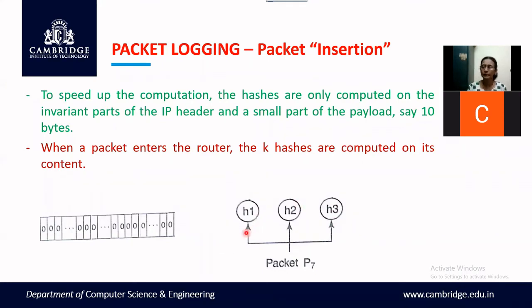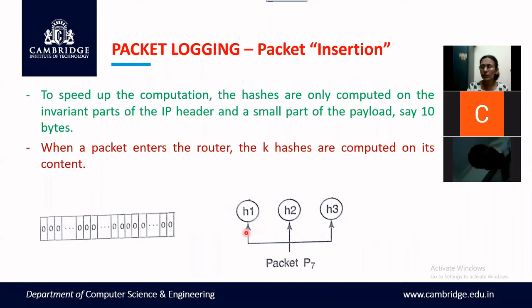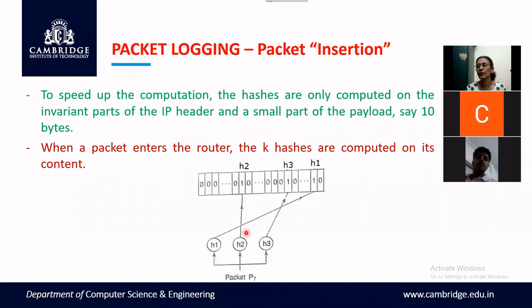Now the hash value itself is not stored here. You take these 3 as indices to the array. Say h1 is this index, then that bit would be set to 1. h2 is, say, the index of this bit, then that bit would be set to 1. h3 is, say, the index of this bit, then this bit would be set to 1.